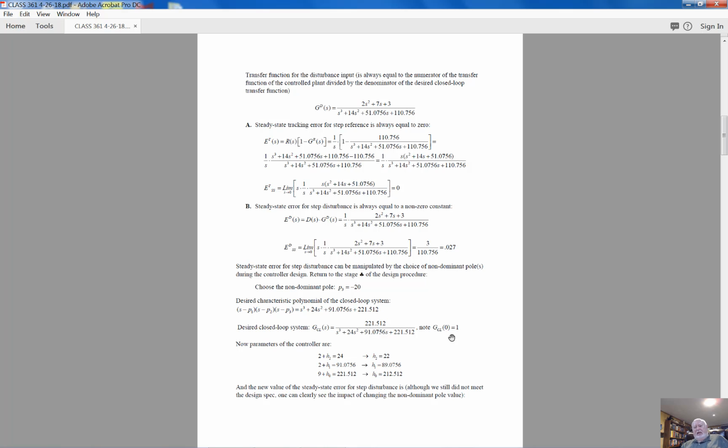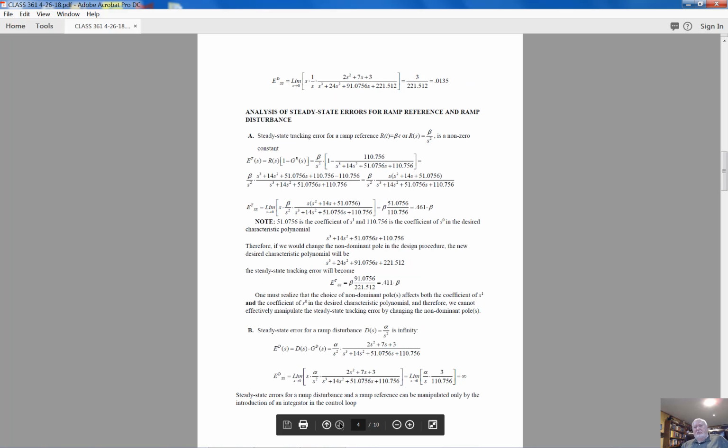The next, what I have to do, I have to choose new values for the coefficients of the feedback controller, H2, H1, and H0. And I'm doing it exactly the same way I did it before, except this time I have to equate 2 plus H2 to 24, 2 plus H1 to 91, and so on.